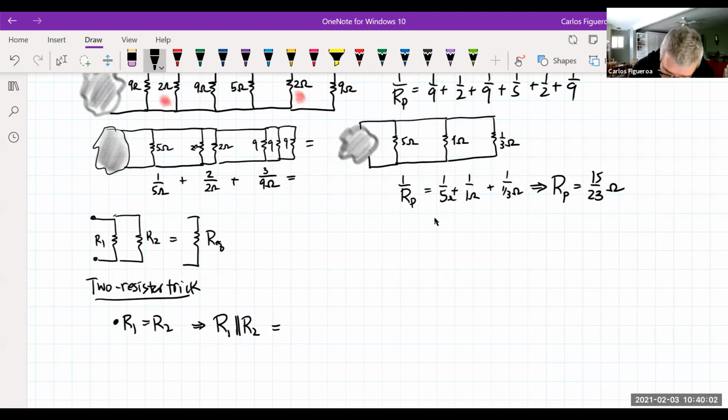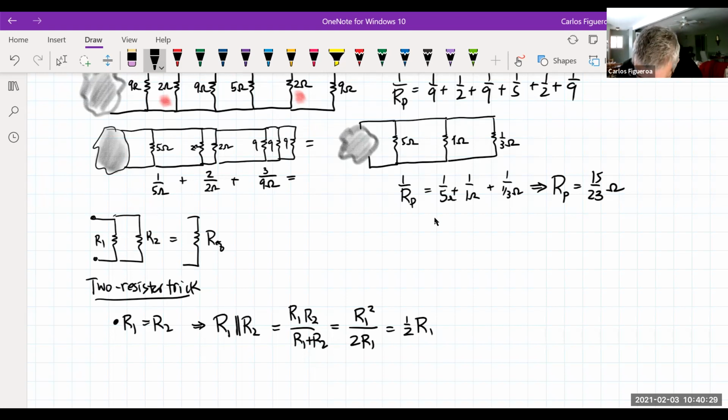Then that means that this is going to be R1 times R2 divided by the sum of the 2. But wait a minute, if they're equal, I can replace it by one of the resistors. So then this is going to be R1 squared divided by 2R1. So what am I going to get? I'm going to get 1/2. I'm going to get half the value of one of the resistors.